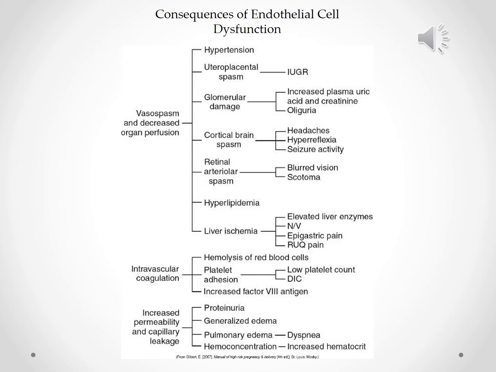And then the neurologic component that we're worried about. Headaches, you may see those as early signals. Hyperreflexia, which is just going to be very brisk deep tendon reflexes. You may see clonus, and an end result which transitions preeclampsia to eclampsia would be your seizure activity.